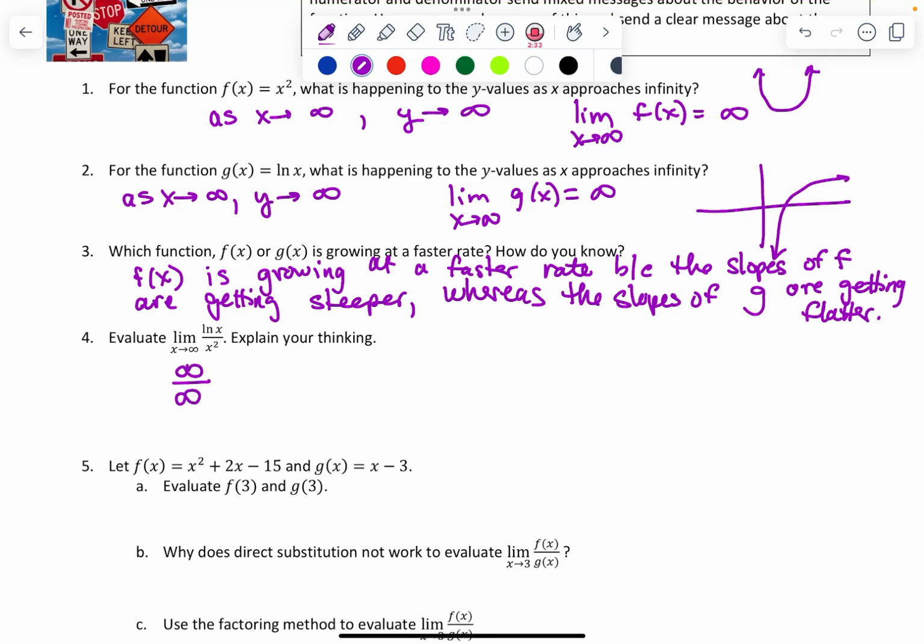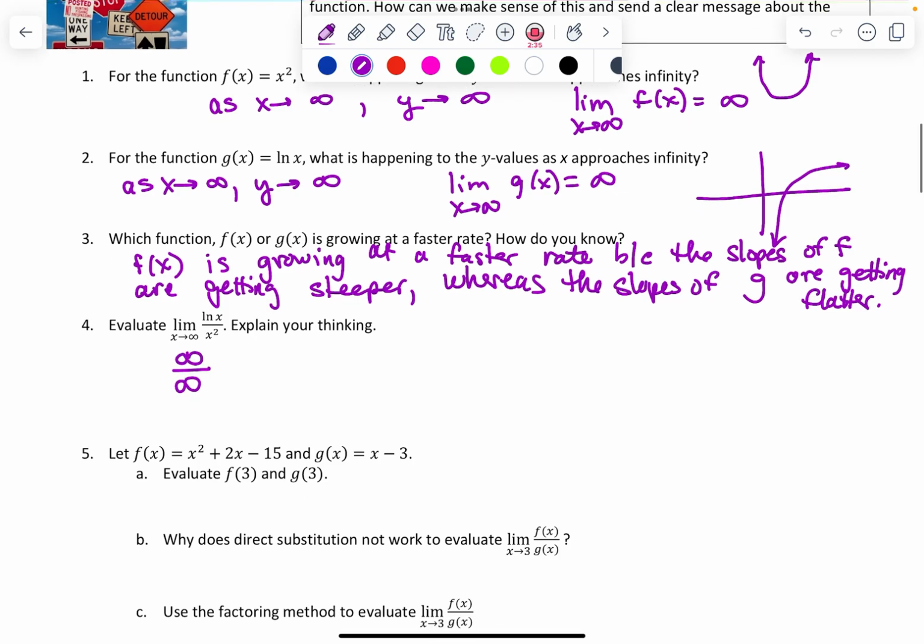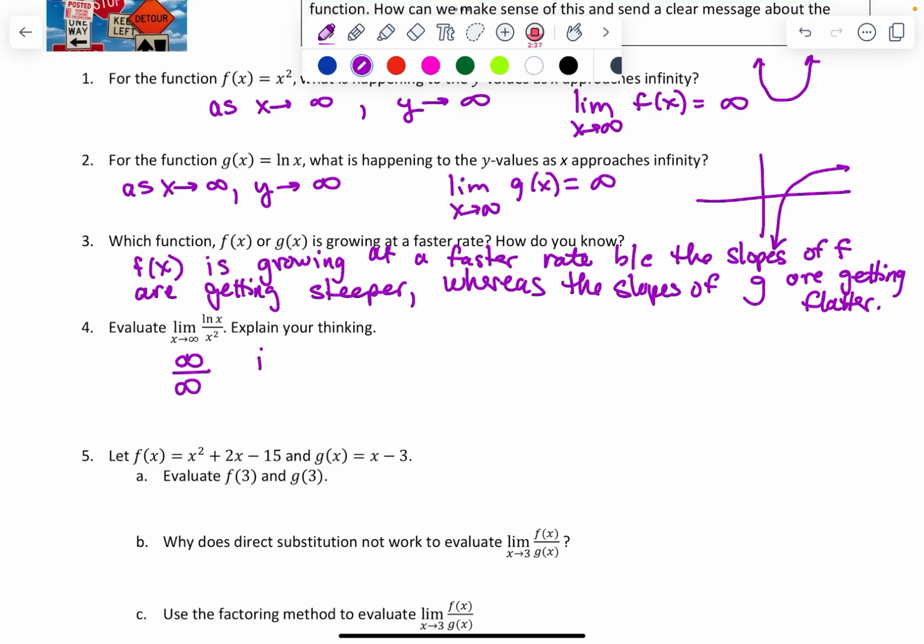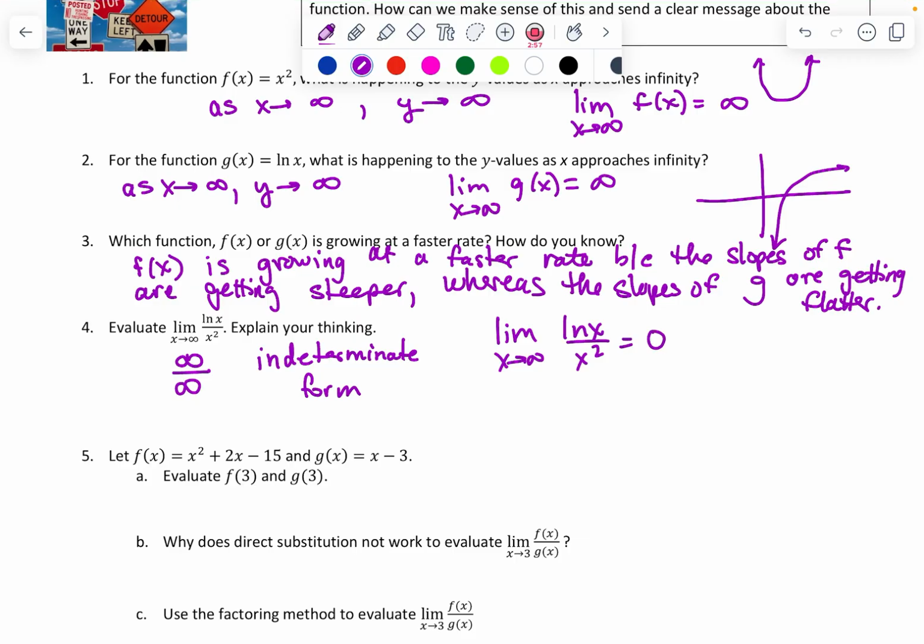Right now we're getting infinity over infinity. This is called an indeterminate form. However, it doesn't mean that the limit doesn't exist. So this limit as x approaches infinity of ln x over x squared is actually 0.